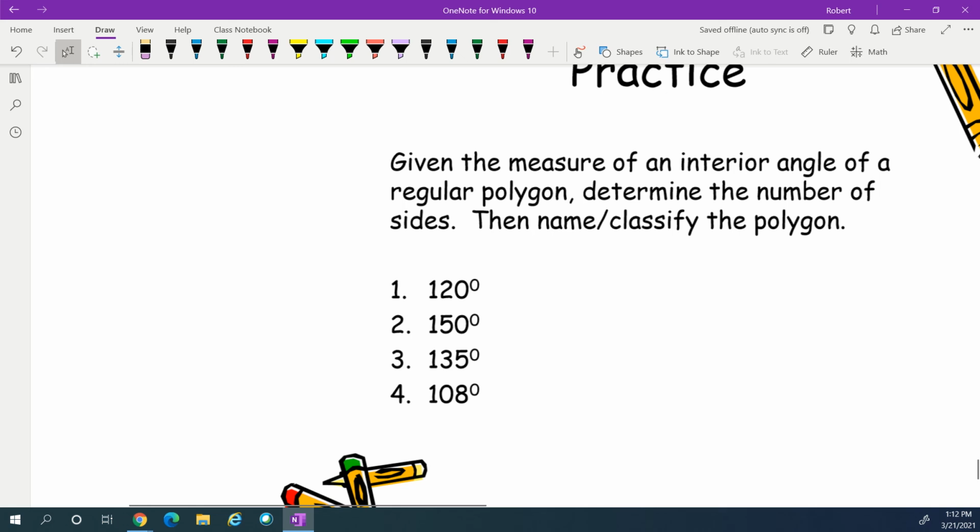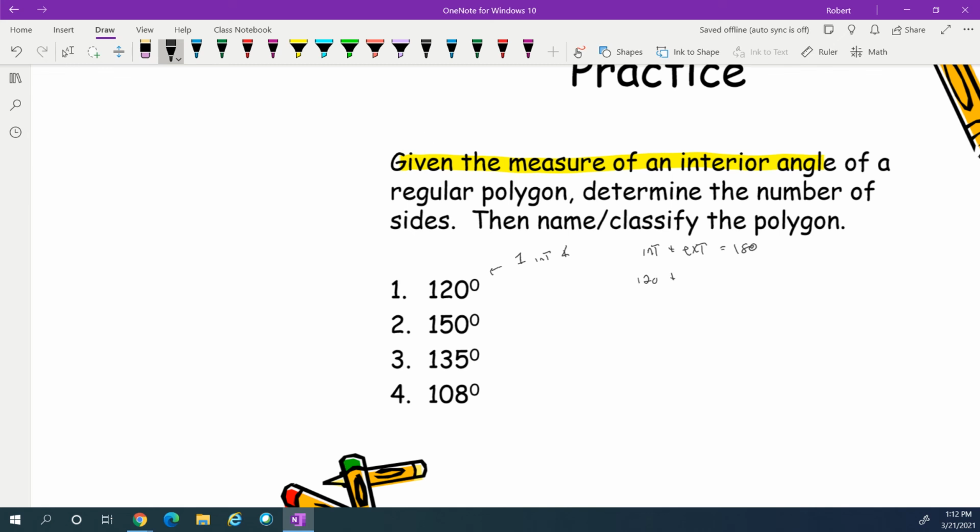And our last set of practice problems, we are given an interior. So this is one interior angle, and we're asked to figure out the number of sides and name the polygon. Well, the only thing we can do with one interior is find the exterior. That's the only formula we have that uses one interior.